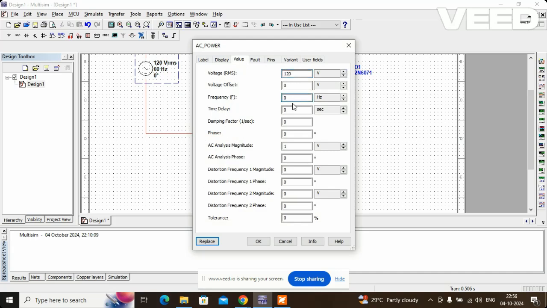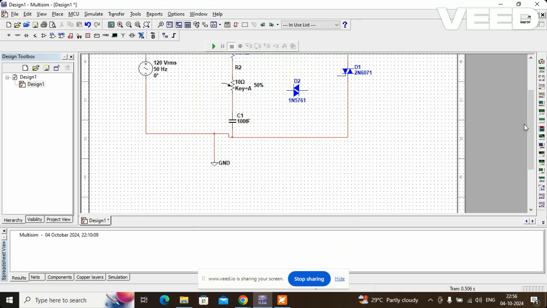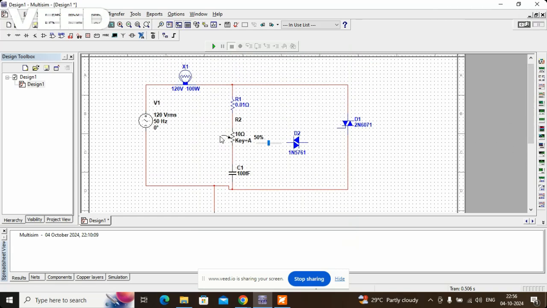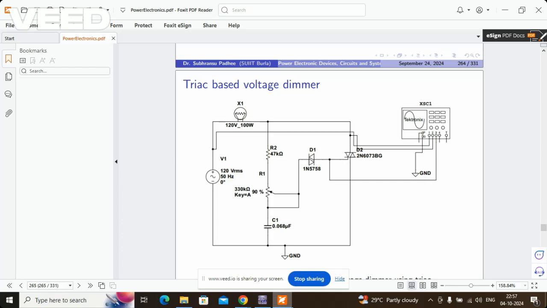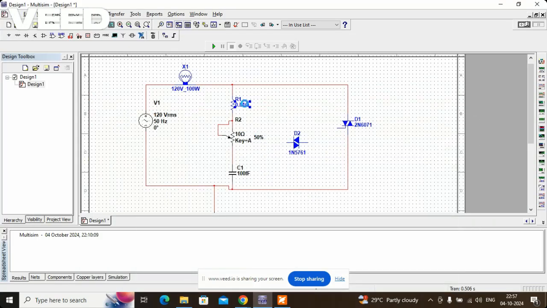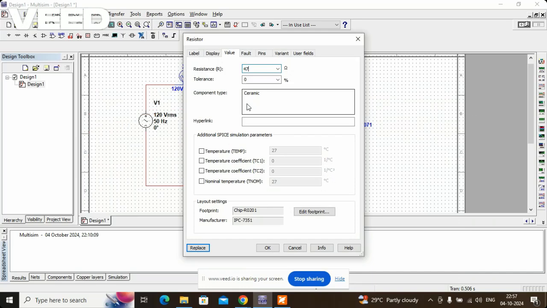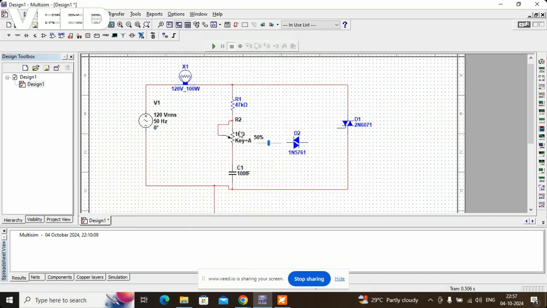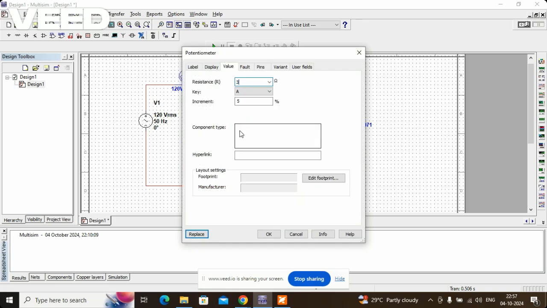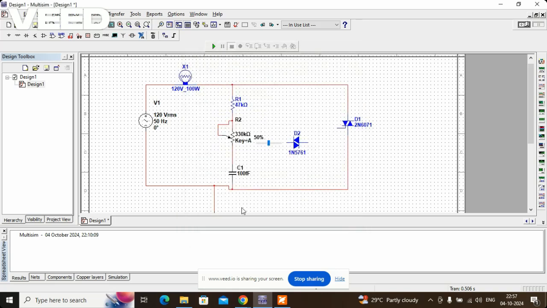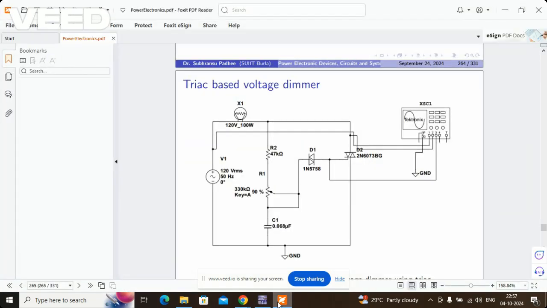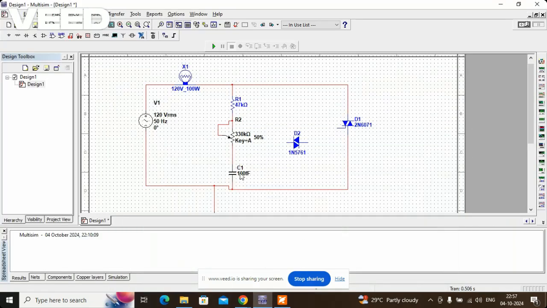This is obviously 50 hertz, and here I am connecting the resistors, which will be 47 kilo ohm and 330 kilo ohm. So let's change the values to 47 kilo ohm and here to 330 kilo ohm, and the value of the capacitor is 0.068 microfarad.